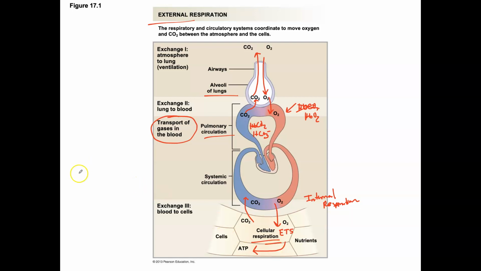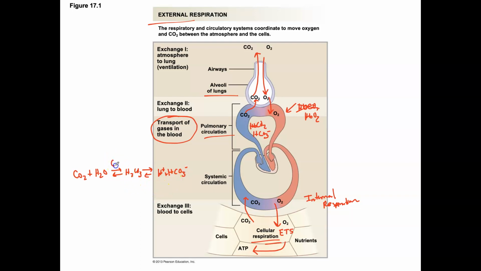It's important to understand our carbon dioxide balance within the body. So this is an important equation to memorize. CO2 in water becomes carbonic acid, H2CO3, and then that can dissociate into hydrogen ions plus bicarbonate.